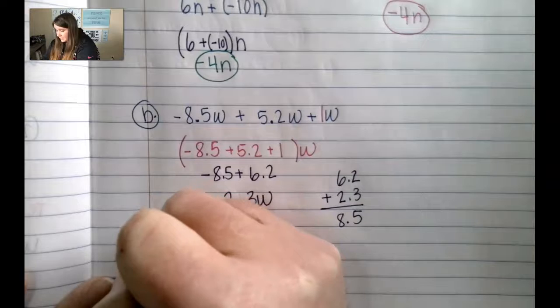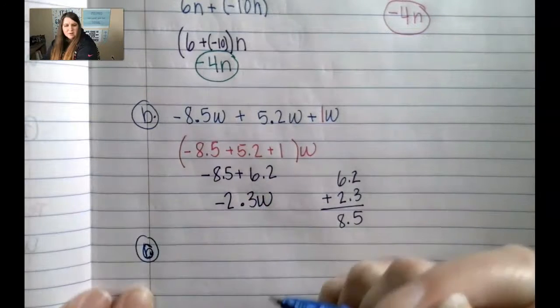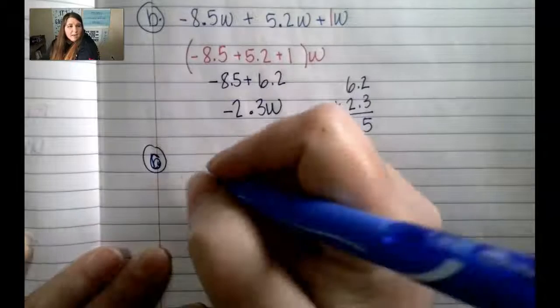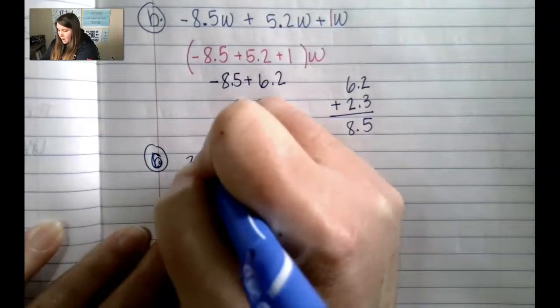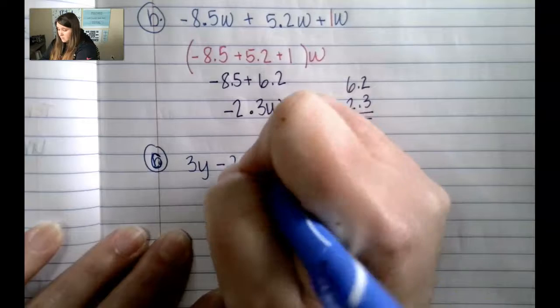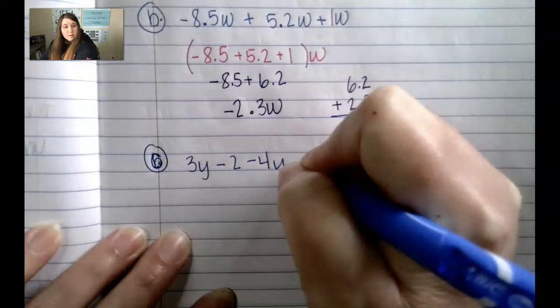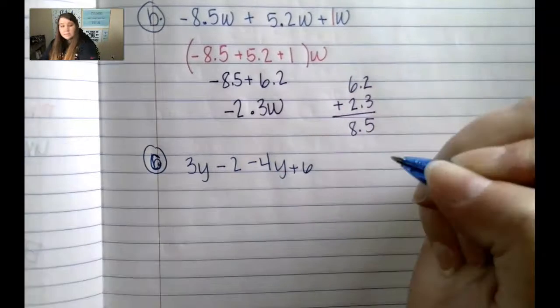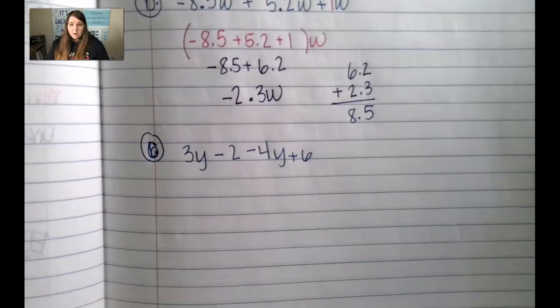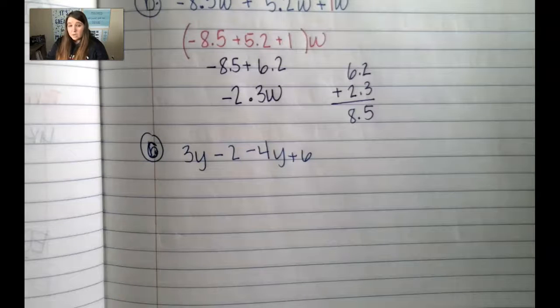Example C. Sorry, that's a C. In example C, we have 3y minus 2 minus 4y plus 6. When we look at this, we're going to pull out our terms that are the same and then combine and simplify down as far as we can go.